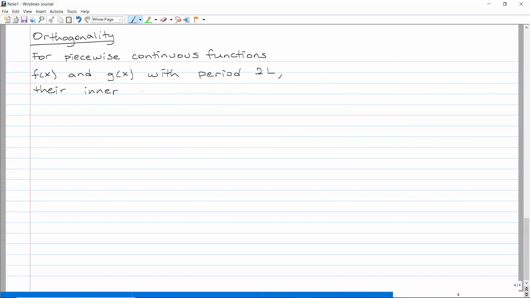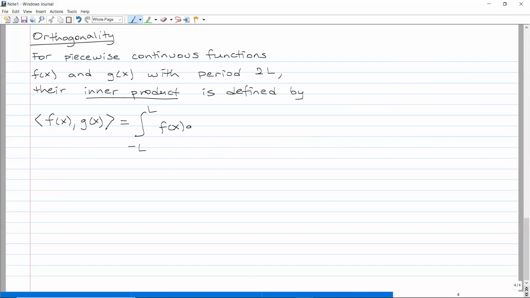of course, you can define many different inner products for functions, but the most commonly used is this inner product. We define it by an integral. We denote it with parentheses, (f, g). It is defined to be the integral from minus L to L of their usual product.